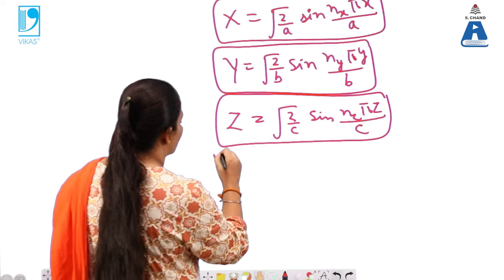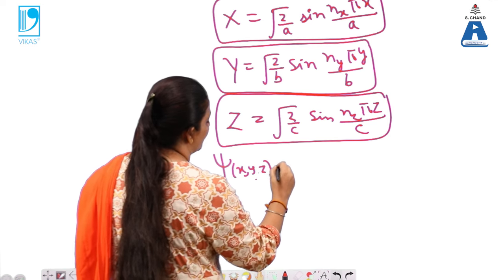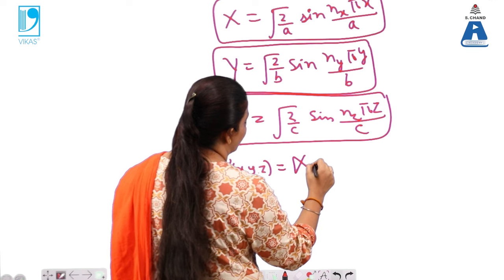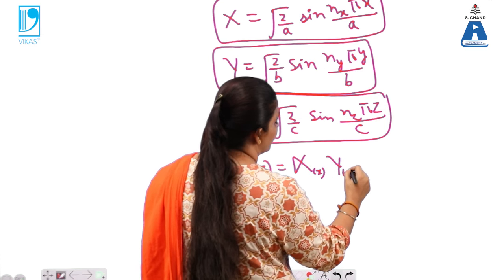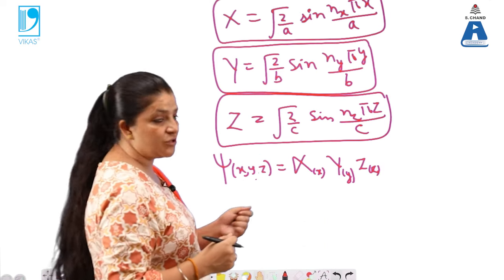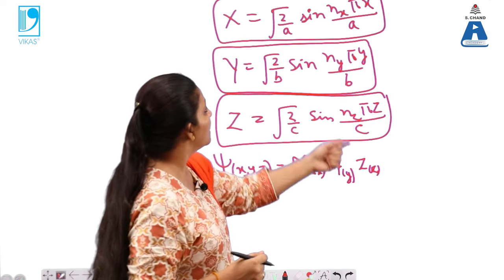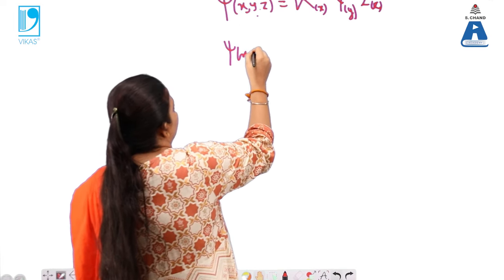Now we know that the complete psi wave function of x, y, z is equal to the product of these three: X, which is a function of x only, Y, a function of y only, and Z, a function of z only. So this is equal to the multiplication of these three. Now multiplying these three, we get the psi wave function: the first component into the second component, into the third component.